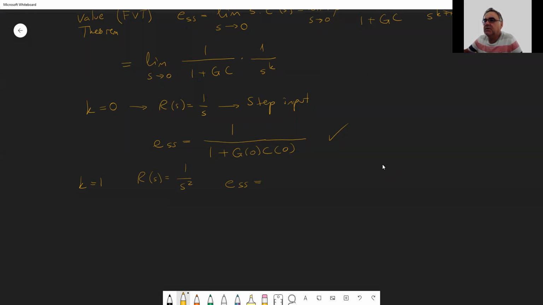K equals 1 here, so S to the K. So it will be 1 over 1 plus G of 0, C of 0 times 1 over S. 1 over, well, 1 over 0 it looks like, right?